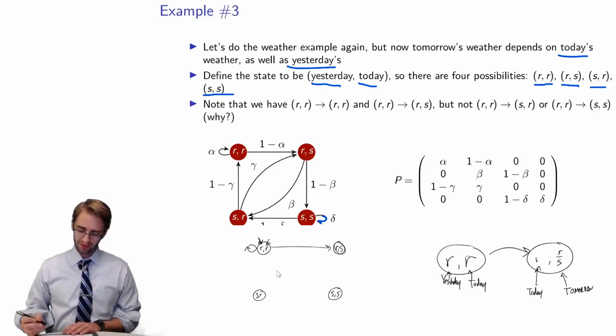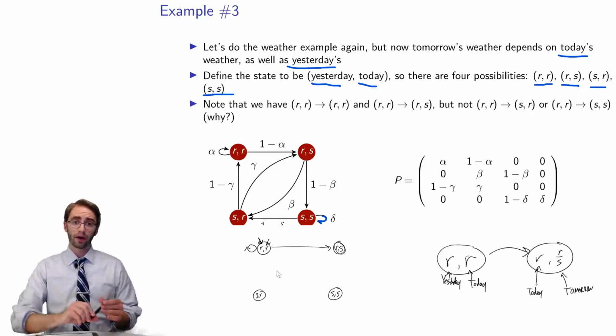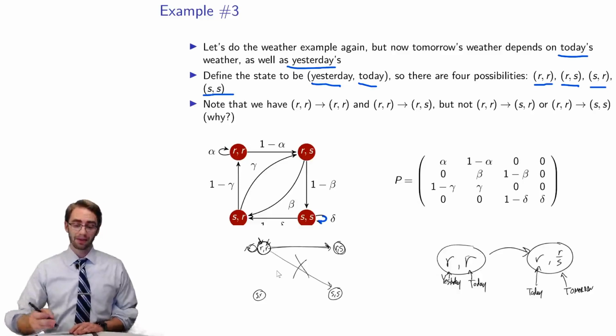Today, this is rain. So the thing I want to point out here is that from the state R, R, you can only go back to R, R, or you can go R, S. But you could not go from R, R to S, S, right? That couldn't happen. Why couldn't that happen?